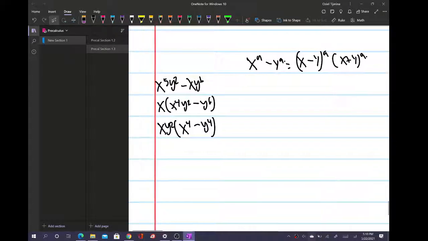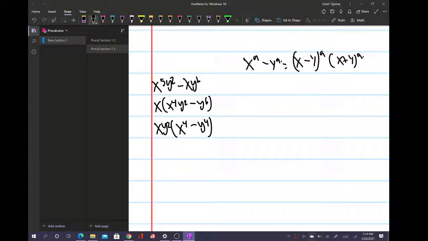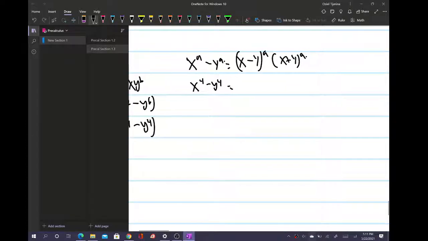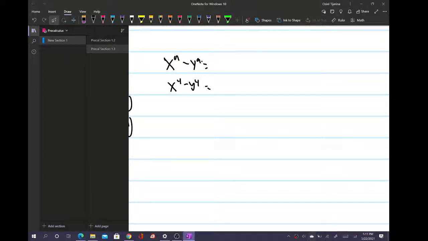Because this one is really x to the 4th minus y to the 4th, or actually, hold on. What I'm trying to say here is, anytime you have anything like this, if the exponent is even, you can do what we did with x squared minus y squared equals x plus y times x minus y.